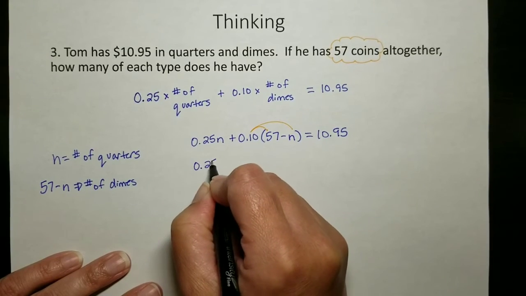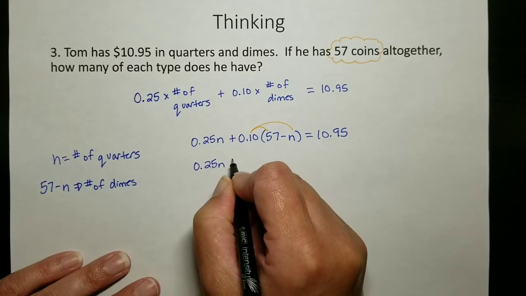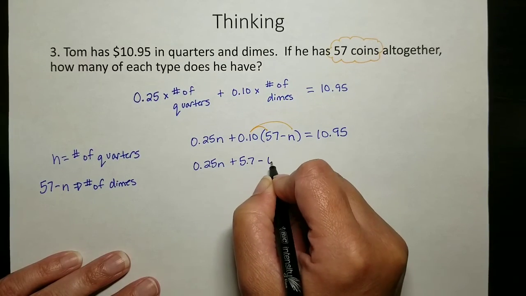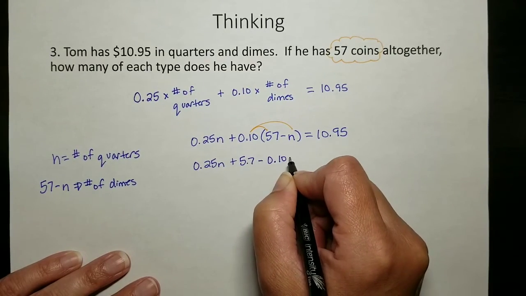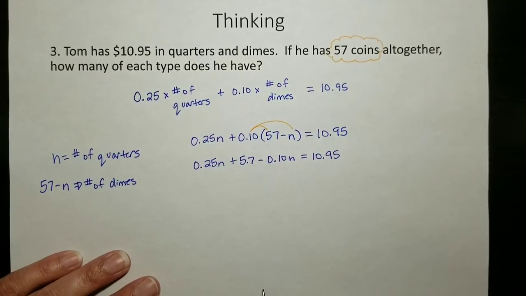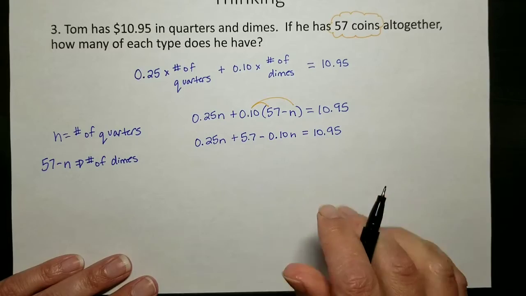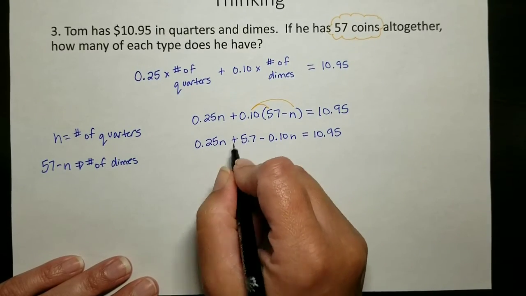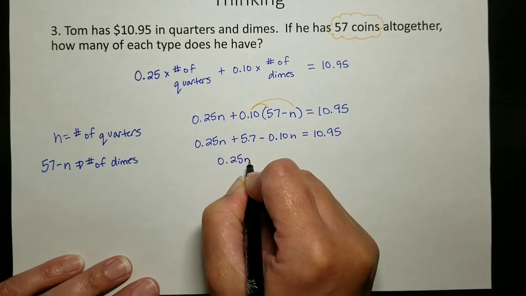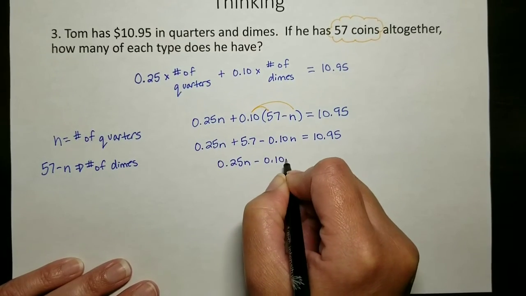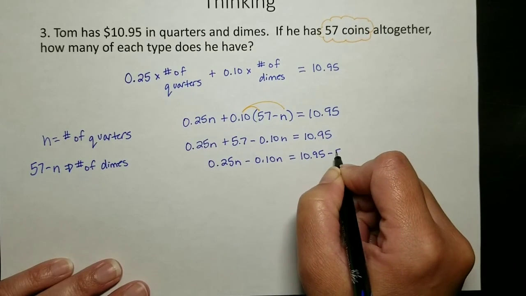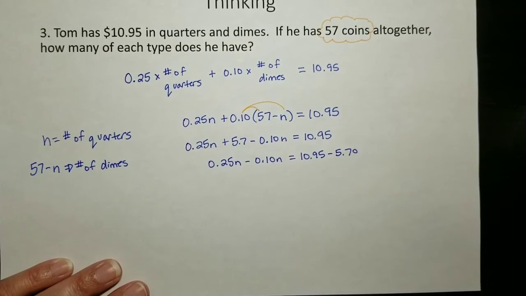So 0.25n plus, that's going to be 5.7 minus 0.10n is 10.95. And bringing this 5.7, subtract from both sides, 0.25n minus 0.10n equals 10.95 minus 5.7.